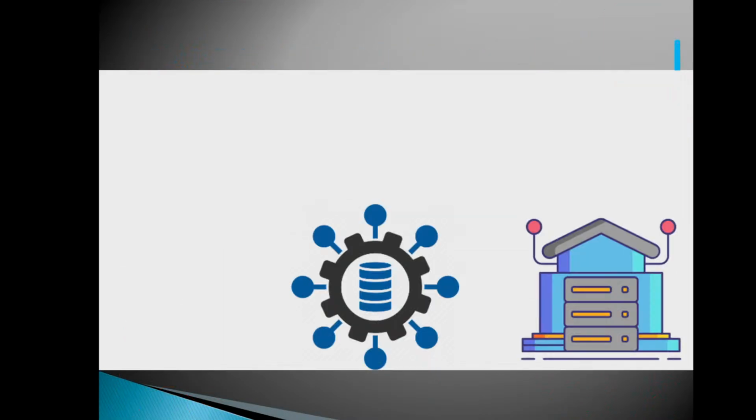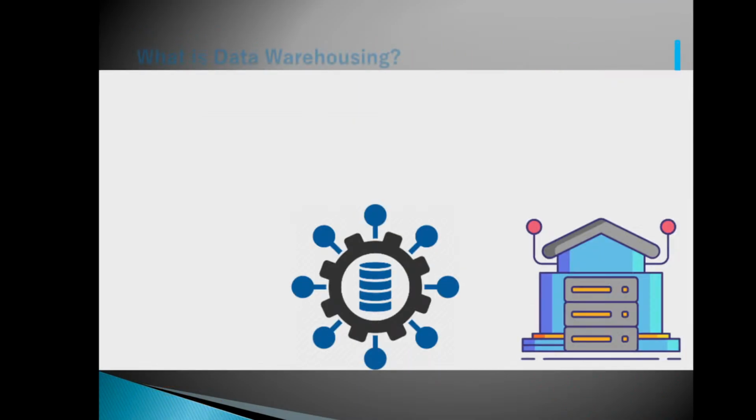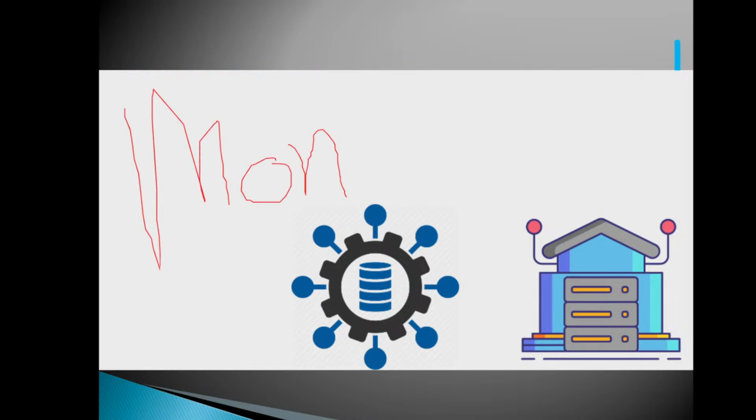So this is a NoSQL database. In industry the NoSQL databases are very popular. One of the open source NoSQL databases is MongoDB. It's a NoSQL, non-relational database, and it's open source.